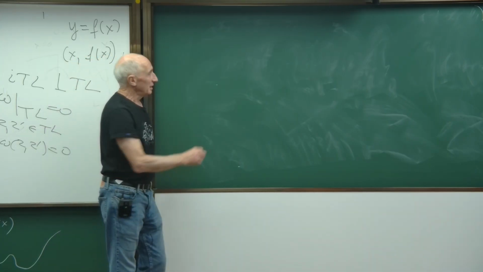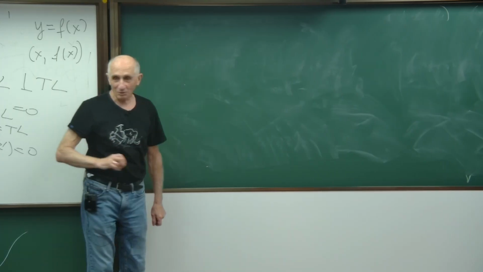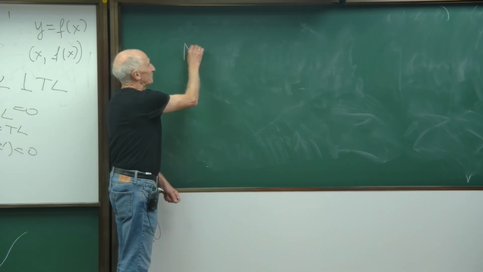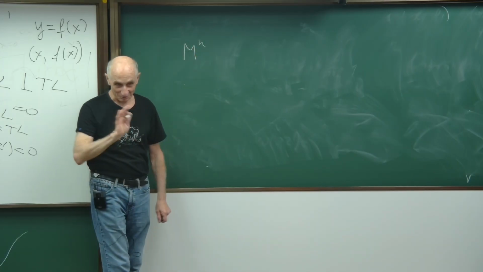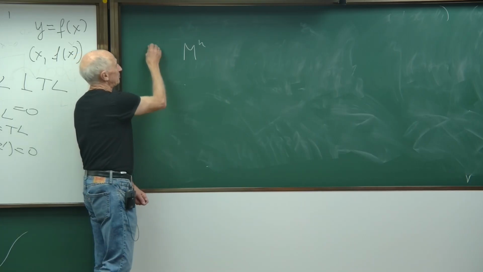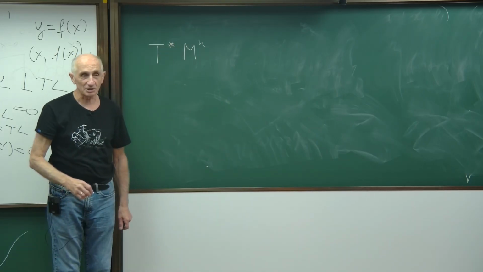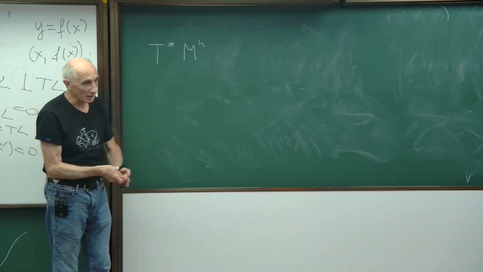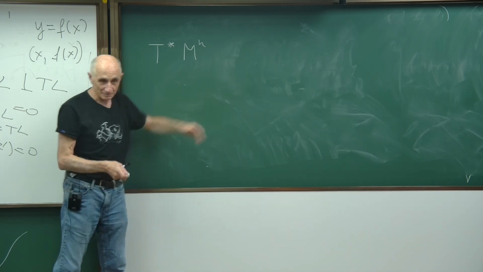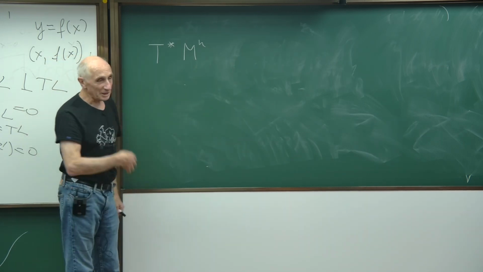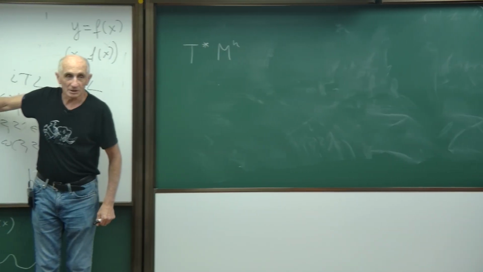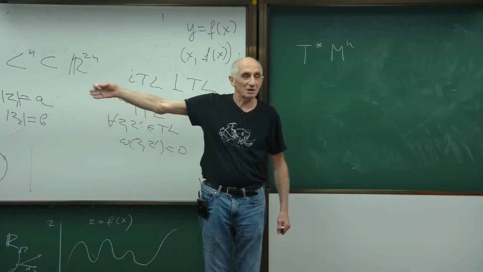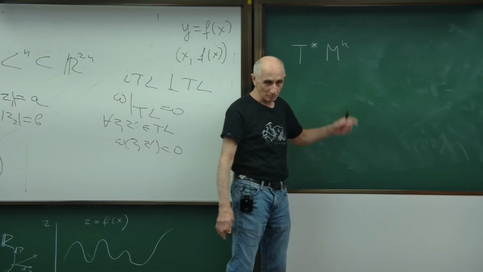For instance, if you don't know this, don't worry. Suppose you have any n-dimensional manifold. With it you can associate its cotangent bundle, which is the set of all linear functions on tangent spaces. For R^n, the cotangent bundle is just R^2n, a twice more dimensional space.